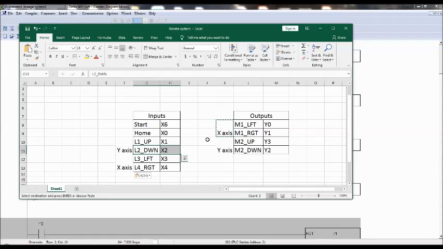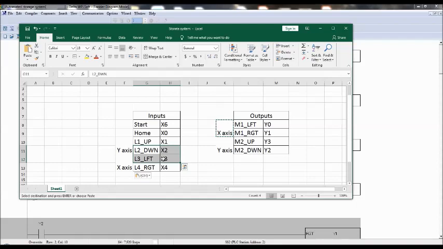That means the M1 motor goes left, y0 should be on, and the L3 limit switch sensor should be on. So when L2 down and L3 left are both on, it is called the home position.